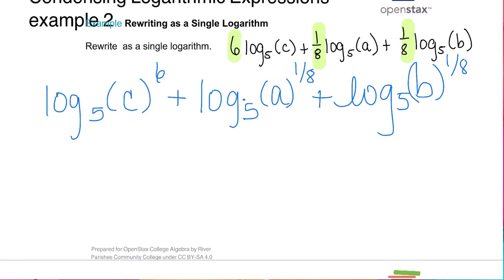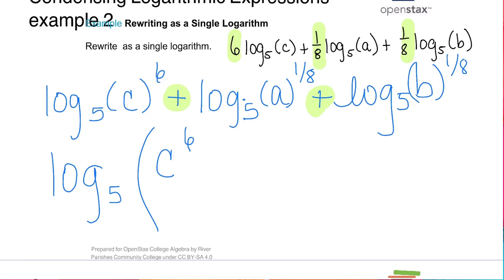And since all of this is addition, I can write it as a single logarithm of a product. So log base 5 of c to the 6th times a to the 1/8 times b to the 1/8.